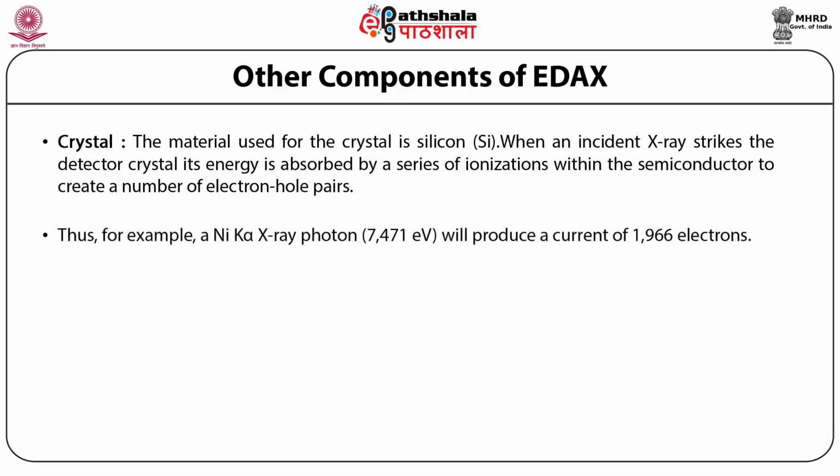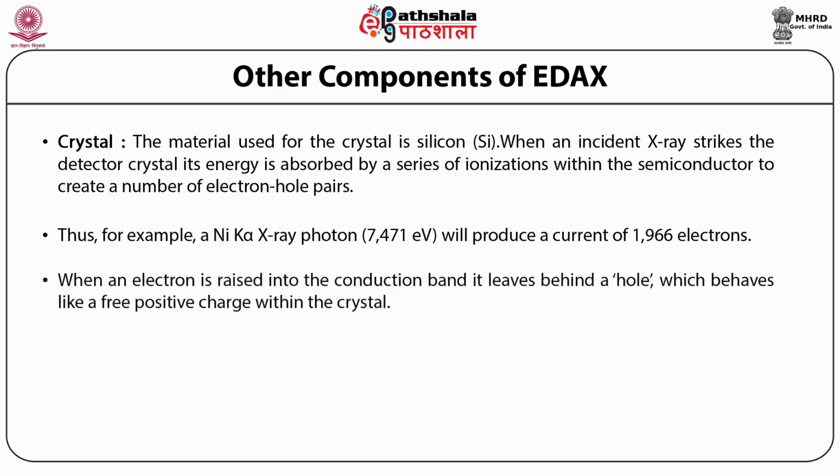Thus, for example, a nickel K alpha X-ray photon of 7471 electron volts will produce a current of 1966 electrons. The electrons are raised into the conduction band of the semiconductor and are free to move within the crystal lattice. When an electron is raised into the conduction band, it leaves behind a hole which behaves like a free positive charge within the crystal.